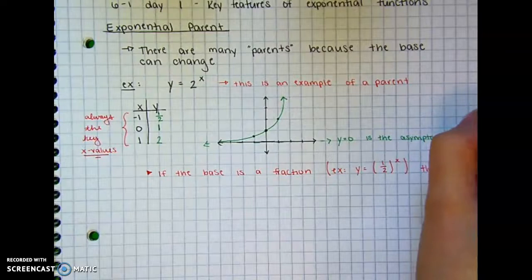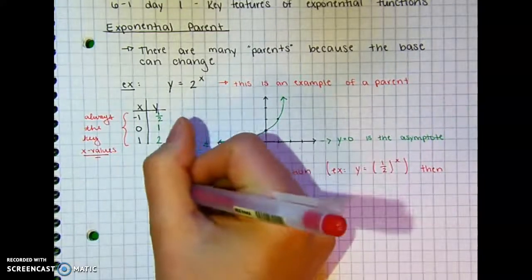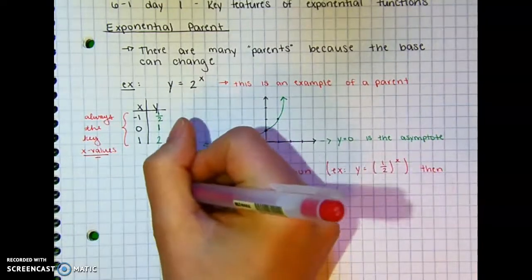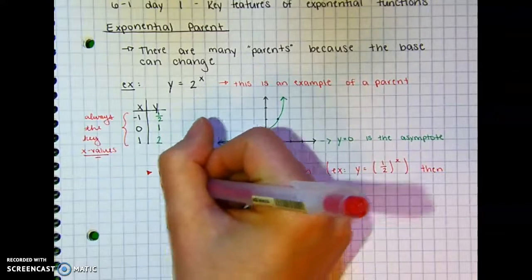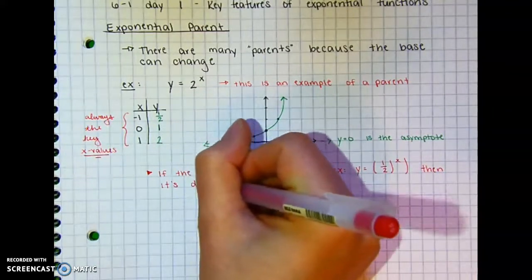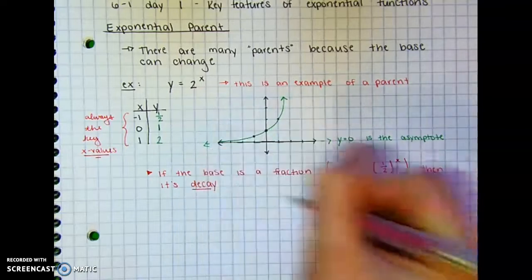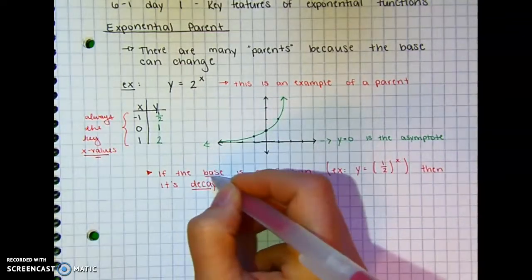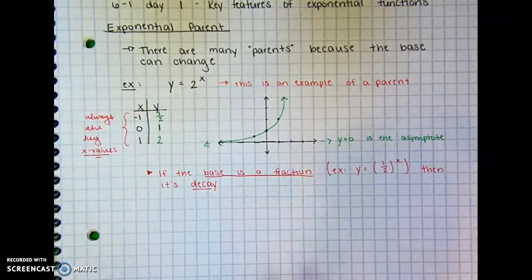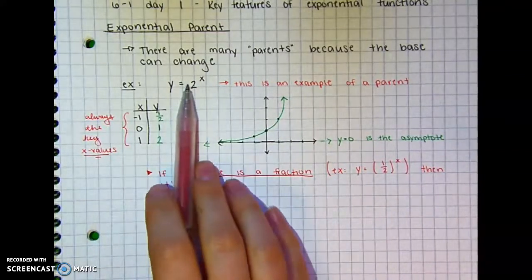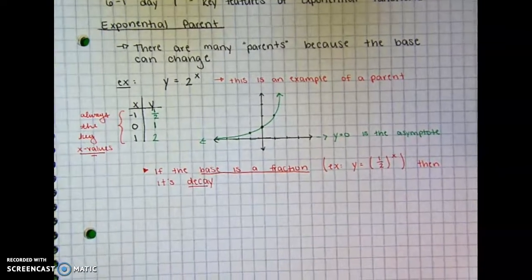Then it represents exponential decay. So if the base is a fraction, you will have decay. If the base is a whole number, you will have growth.